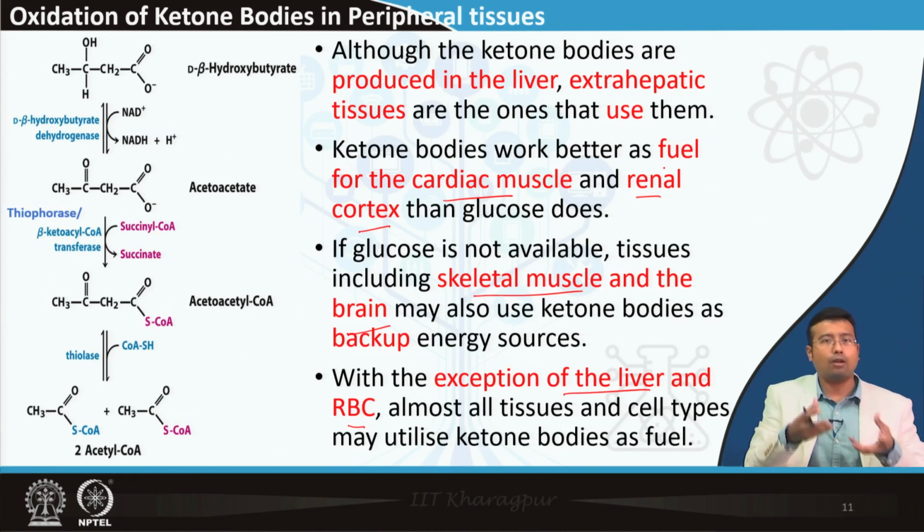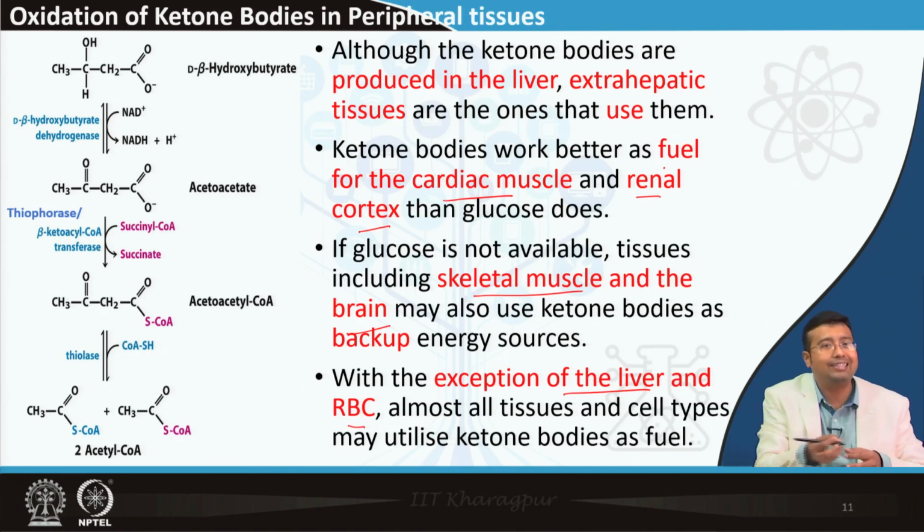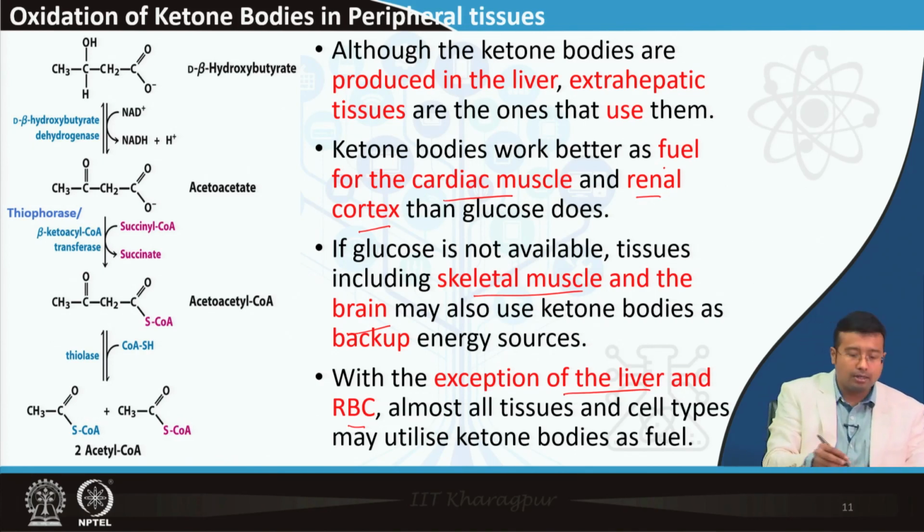So, what is the reaction that is actually happening? How are they using ketone bodies? We need energy production from ketone bodies, right. So, beta hydroxybutyrate, now going in the reverse direction, by the same dehydrogenase produces NADH, when NAD is utilized, to form acetoacetate.